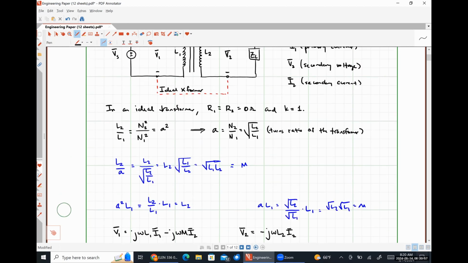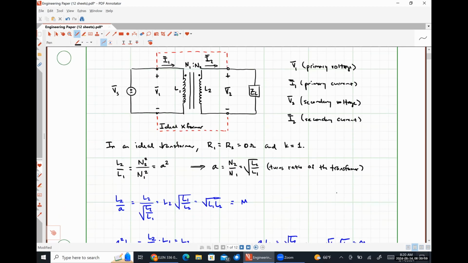Now let's look at our mutual term. Our positive polarity terminal, the voltage V2, is at the dotted terminal of coil 2, and our current I1 is flowing into the dot of coil 1. So I believe our mutual inductance term should have a positive sign.